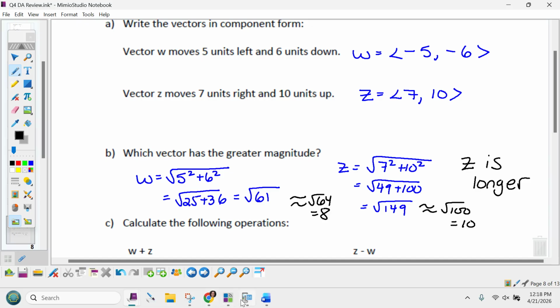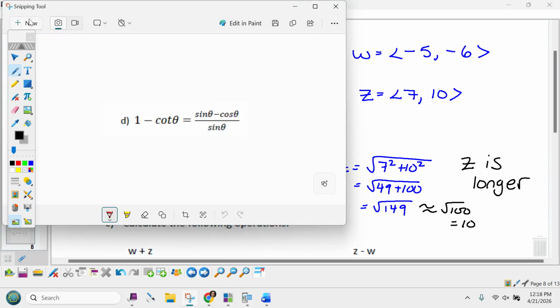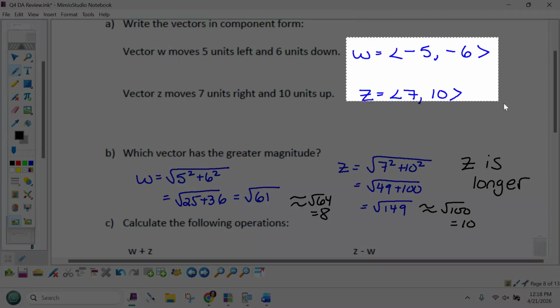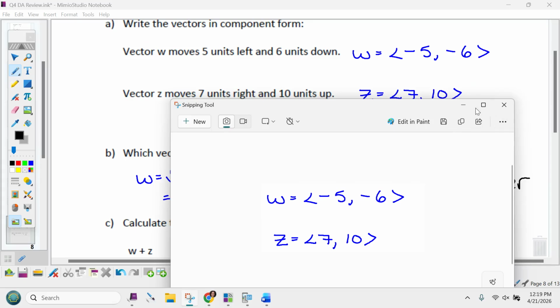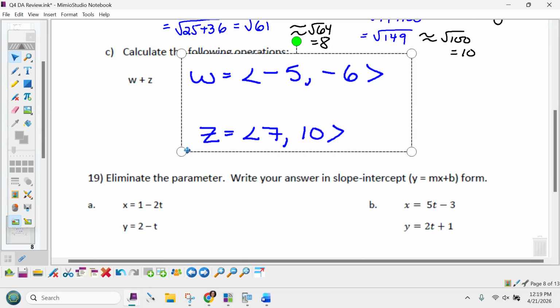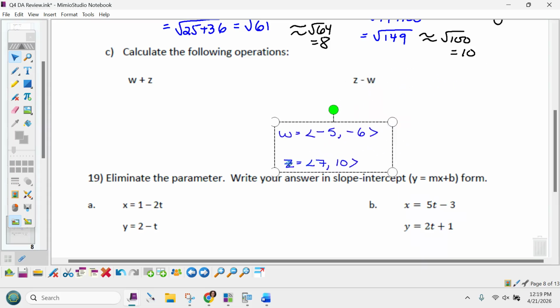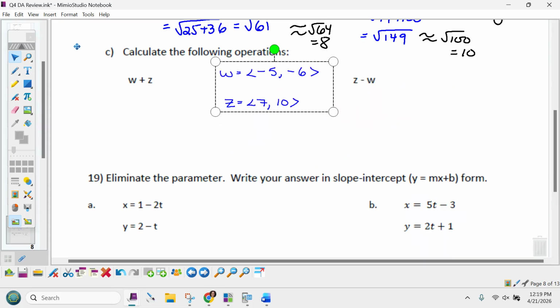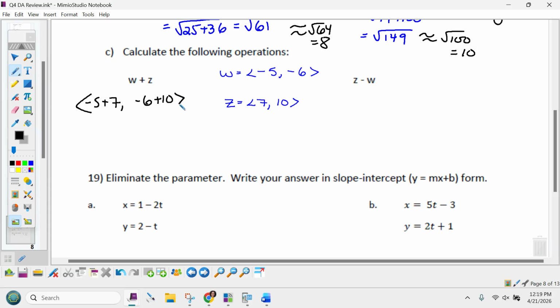Calculate the following. Okay, hang on. Okay, adding the vectors together, we are going to add the x's, so negative 5 plus 7 for the x component, negative 6 plus 10 for the y component, so we get 2, 4.